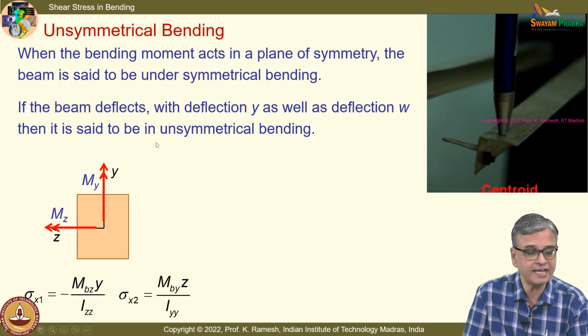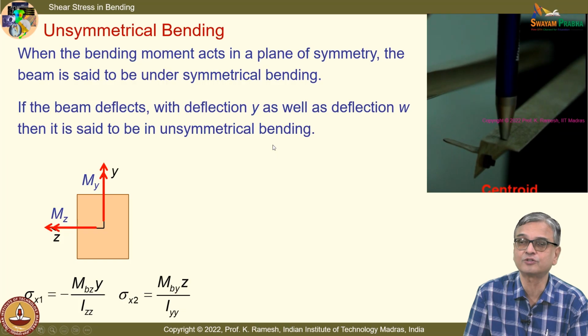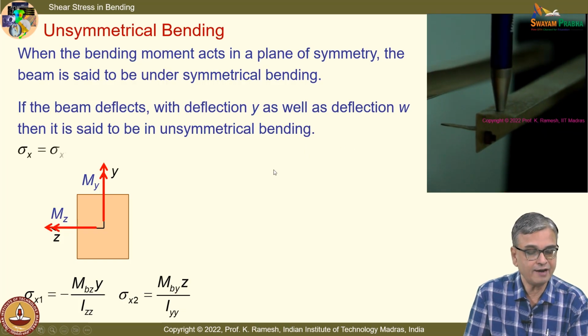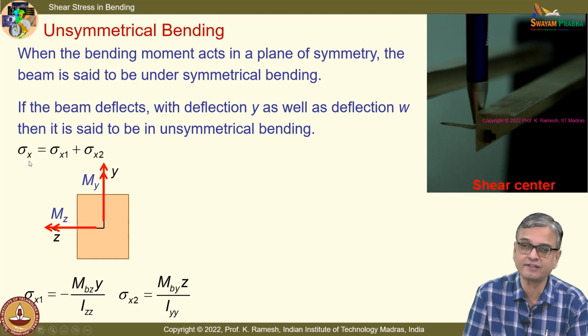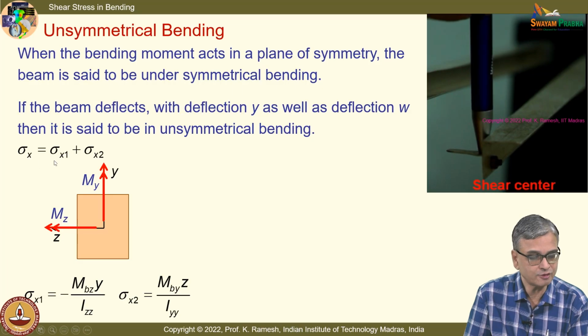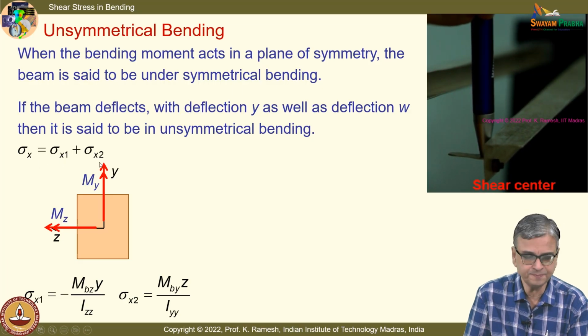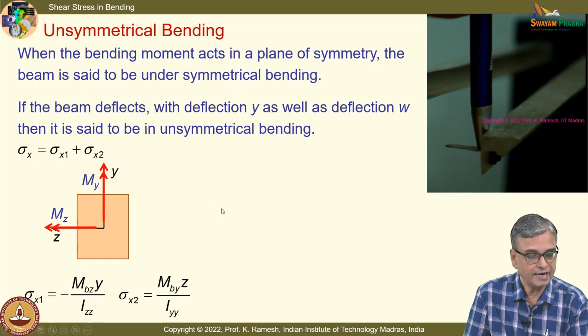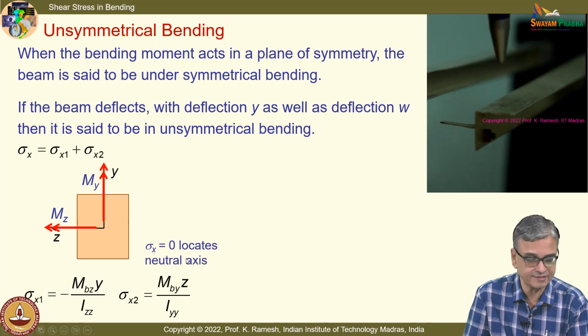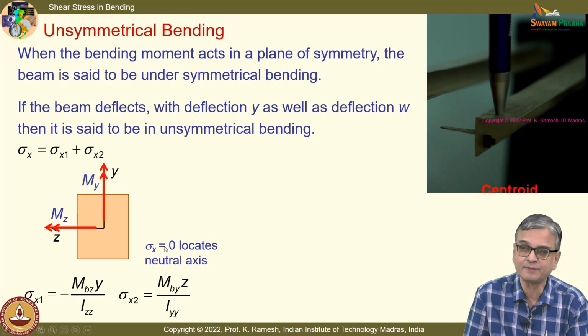then I say the cross section is subjected to unsymmetrical bending. And if I have to calculate the stresses, I will calculate them by the principle of linear superposition. Sigma x equal to sigma x1 plus sigma x2. And to locate the neutral axis, find out where sigma x goes to 0.